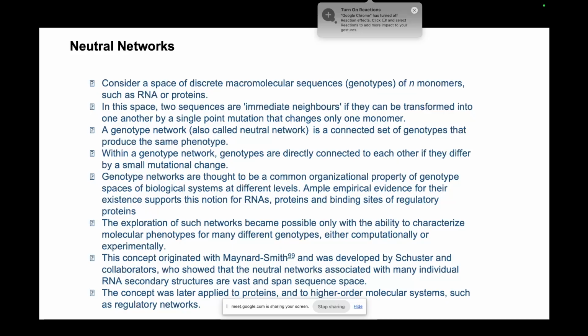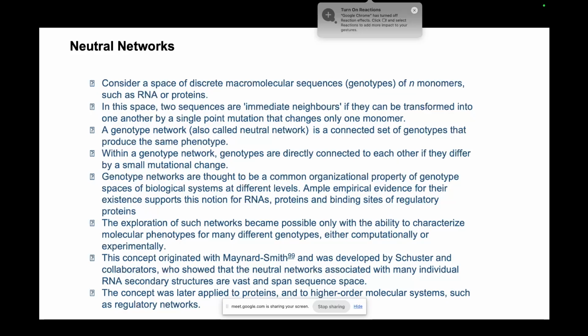So one is a mutant of the other. If there's one slight change in the DNA or the RNA or the amino acid sequence of the protein, one can be converted to the other. These are what are known as immediate neighbors.